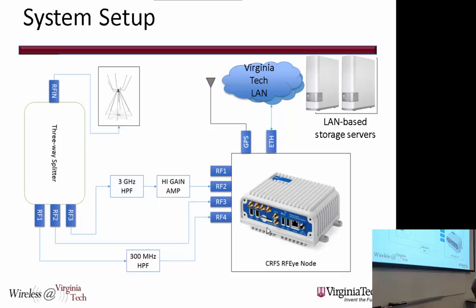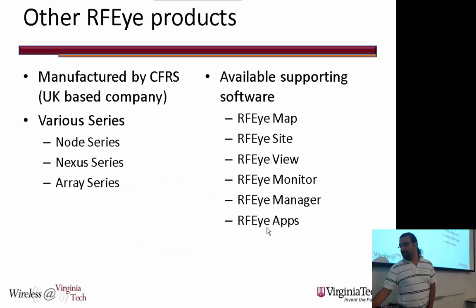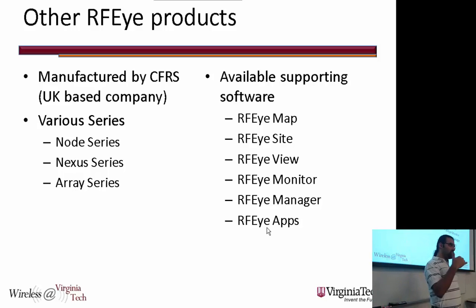We scan everything between 30 megahertz to 6 gigahertz, and then push our data to hard disks that are connected to the Virginia Tech LAN. The company provides a lot of other services with this hardware, but we're just using the minimum since we are not interested in the other things.